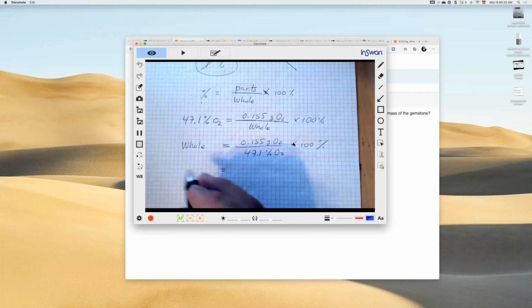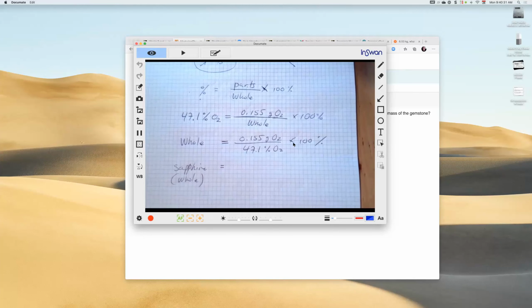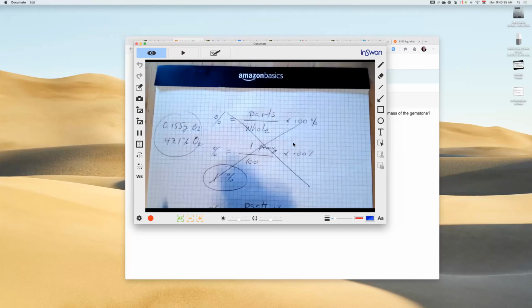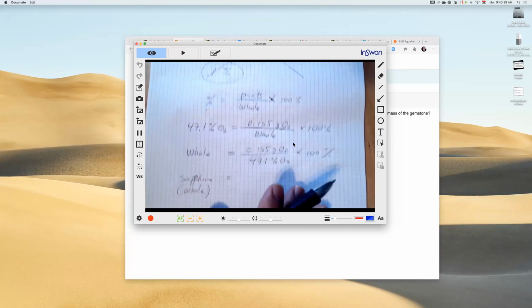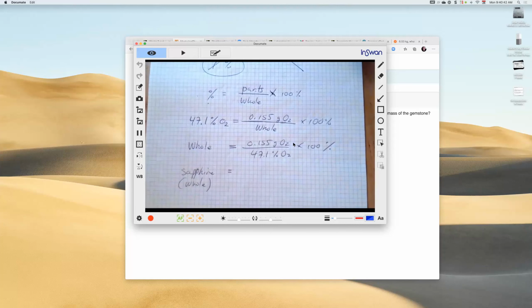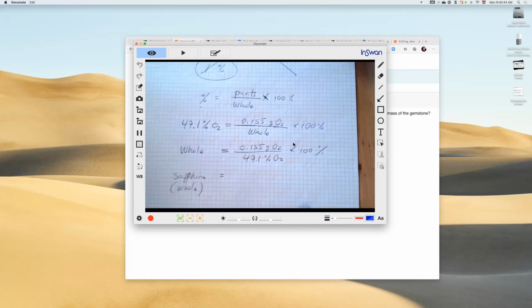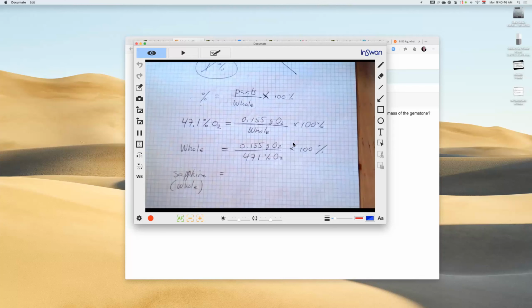Now, before I put the answer, the whole really means the sapphire. Let me ask you a question. If that sapphire is 0.155 grams in oxygen, is your answer going to be a number bigger than 0.155 or smaller than 0.155?